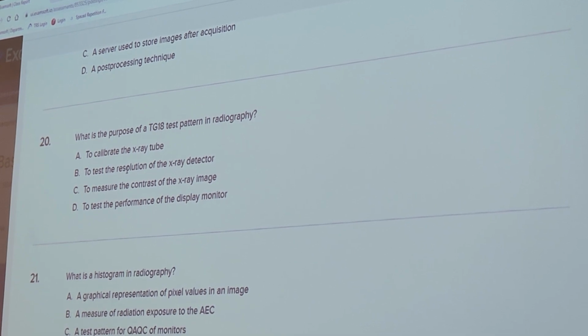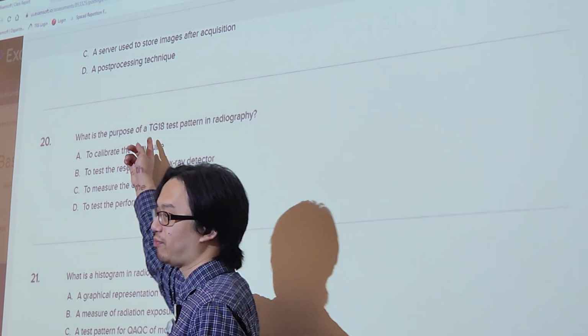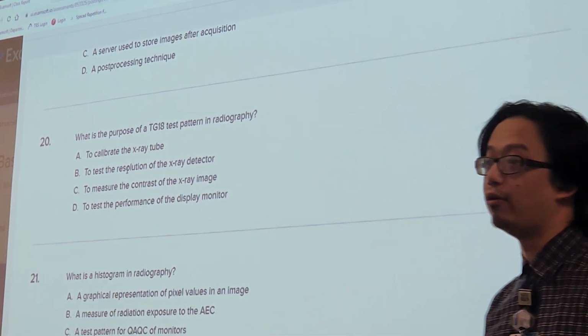So, this one's more the confusing one because you really got to know all types of test patterns out there. What is the purpose of a TG18 test pattern in radiography? To test the performance. Just remember, we've got all different types of TG18s: QCs, ADs, LMs, UNLs.